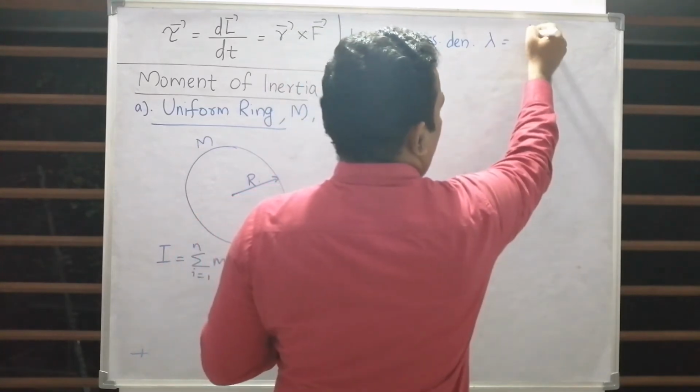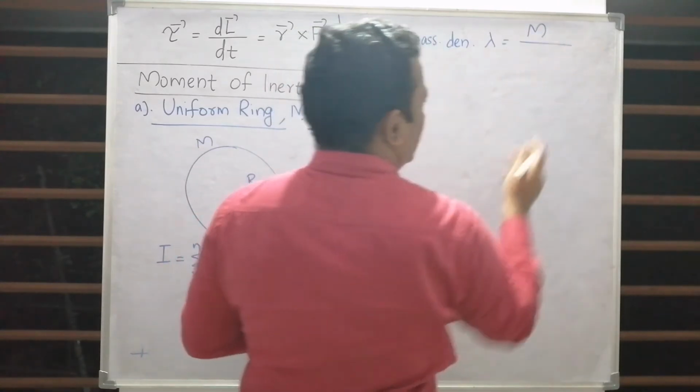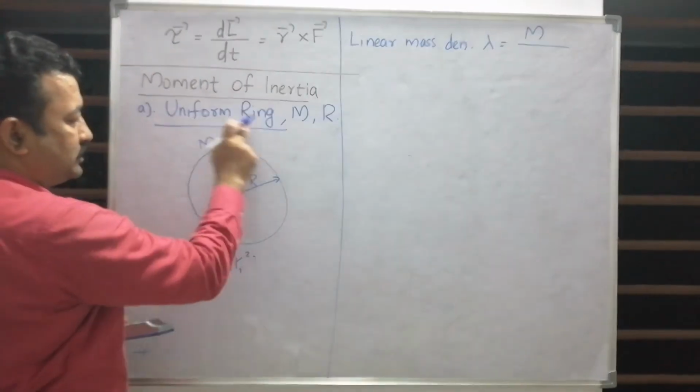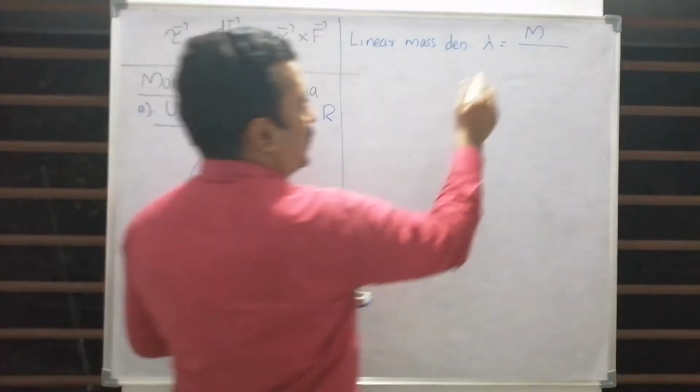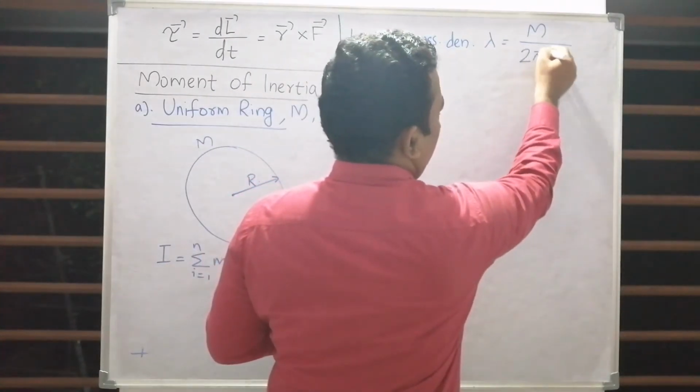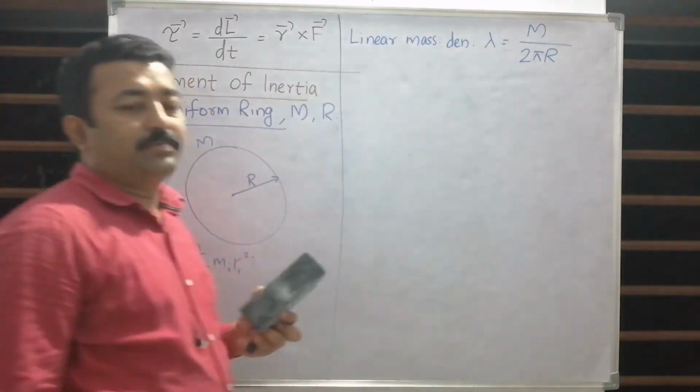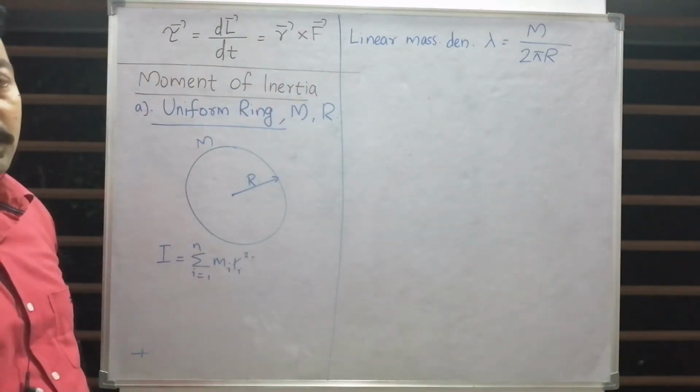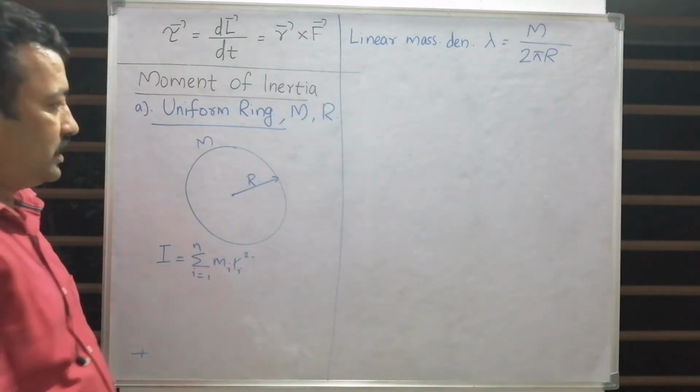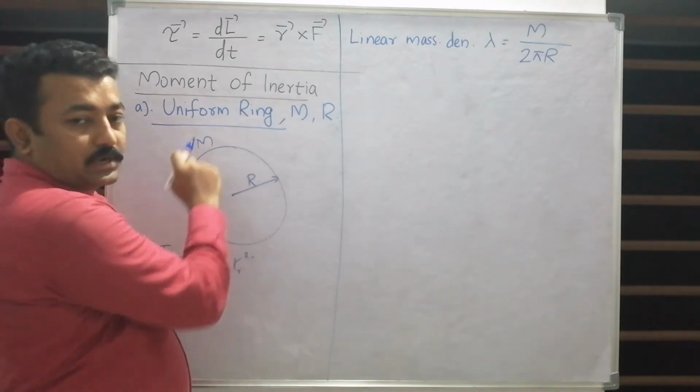What is that? Total mass divided by the total length. What is the total length? Total length is 2 pi r. So linear mass density is m divided by 2 pi r.